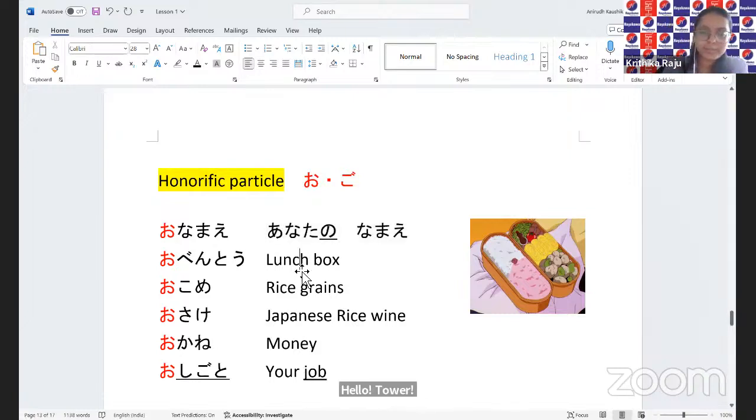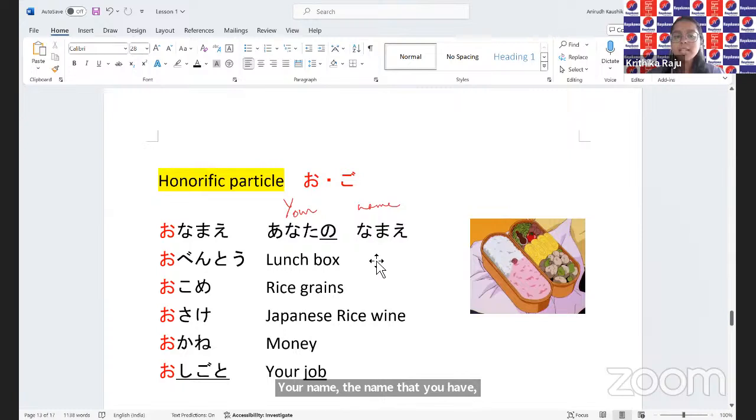This is your name, the name that belongs to you. Anata no namae. So in Japanese, I think we are also quite familiar with this. It's not very respectful to say you all the time. In English, you don't have a choice. In, I think, our languages, you have a respectful way to say you and a plain, normal way to say you.